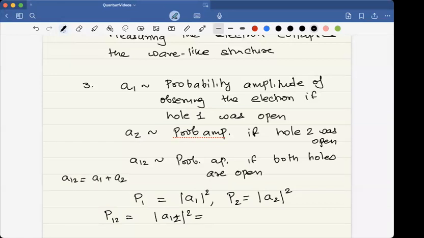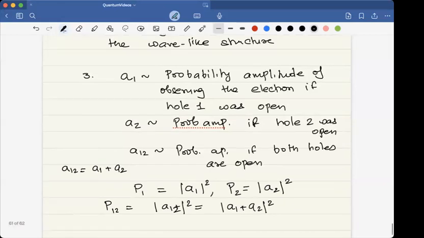Just like the waves, the probability amplitudes are adding up, but the probabilities are actually the probability amplitude squared. So this is |A1 plus A2| squared. And this explains the interference pattern for the electrons.